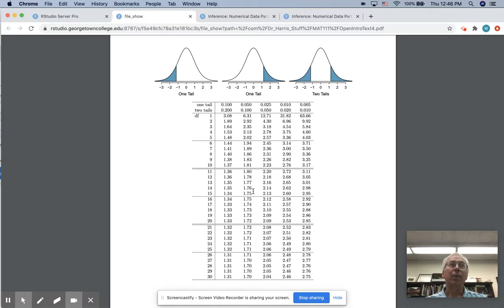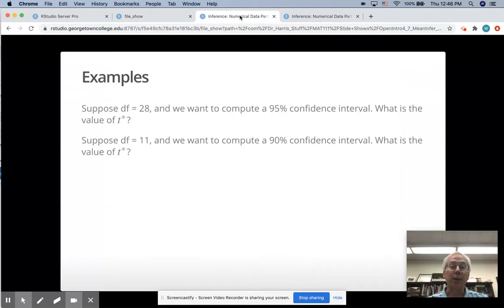So 100% minus 95% is 5%, which written as a decimal is 0.05. The column heading is this third one here, 0.05. So for 28 degrees of freedom and a 95% confidence interval, our t-star value is going to be 2.05. We expected it to be bigger than 1.96, and so it is, a little bit bigger: 2.05.